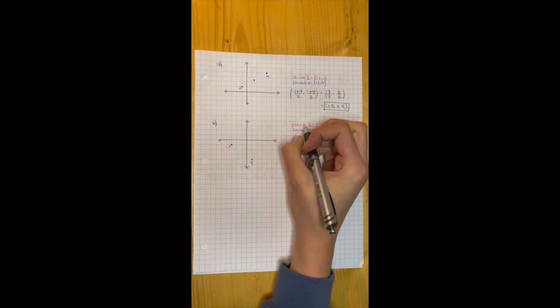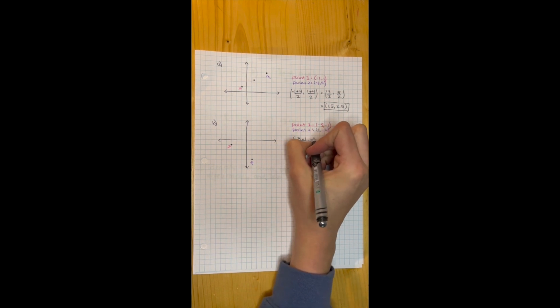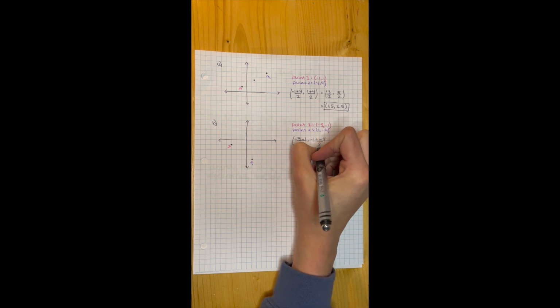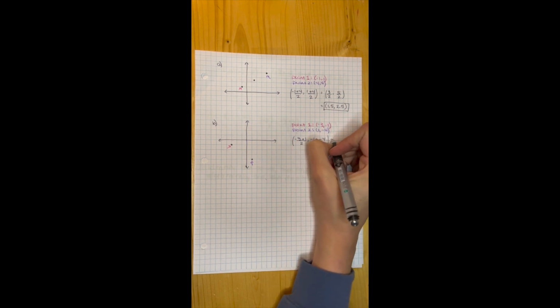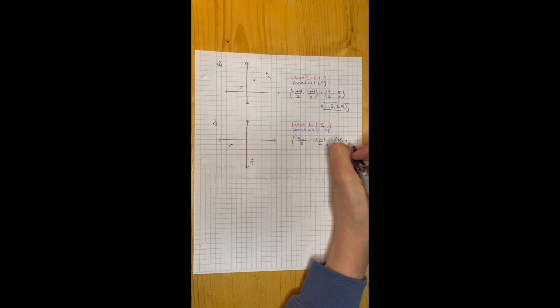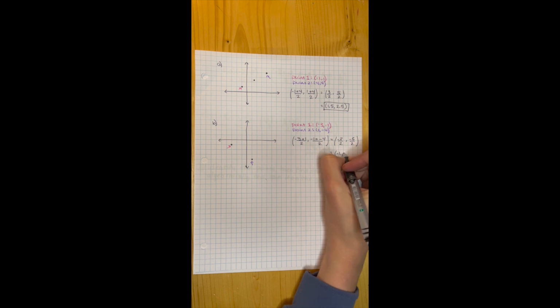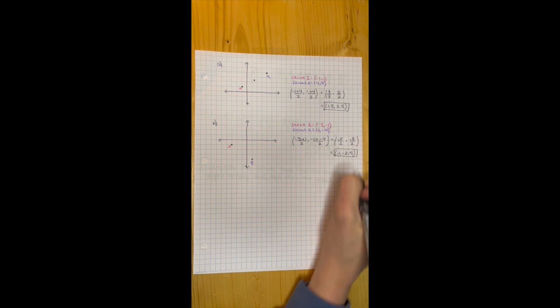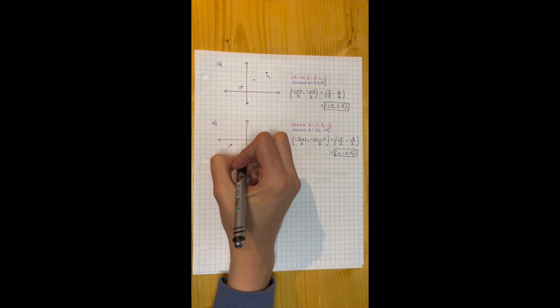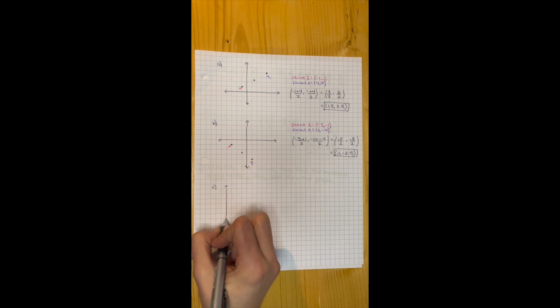We'll put those into the formula, which will result in -3 plus 1 over 2, comma, -1 plus -4 over 2, simplifying to -2 over 2, -5 over 2, which then is (-1, -2.5). And let's put that on the graph here. If we go 1 to the left and down 2.5, we see the midpoint between our given points.